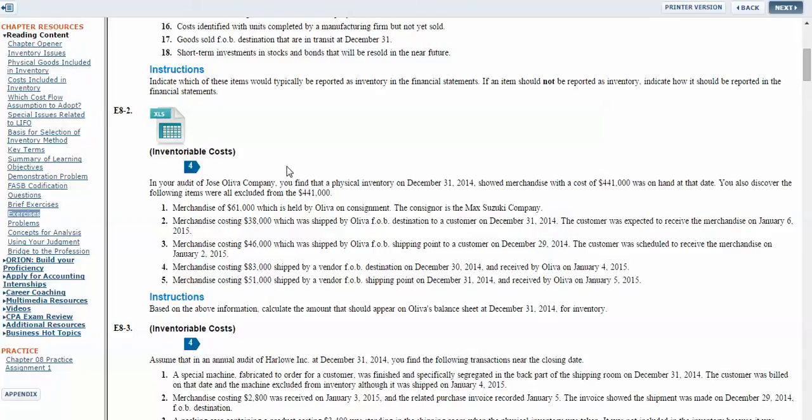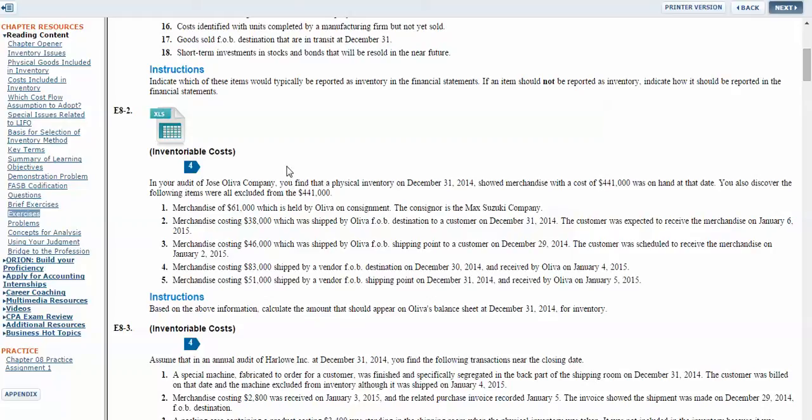Merchandise of 38,000 was shipped FOB destination. All right, so if it's shipped FOB destination, that means that it should be in the buyer's inventory at the time that it arrives at the buyer's place.